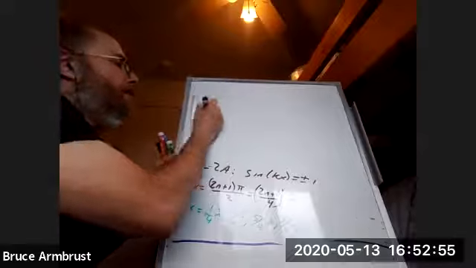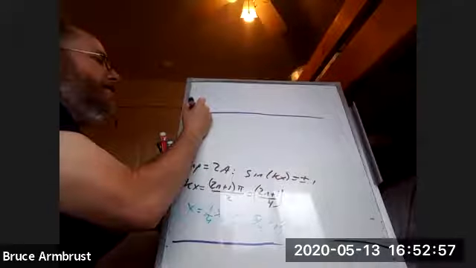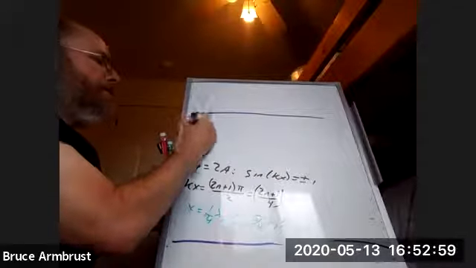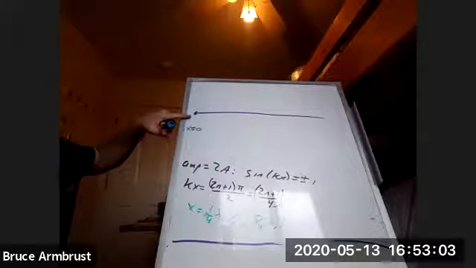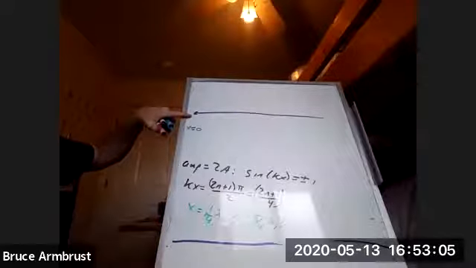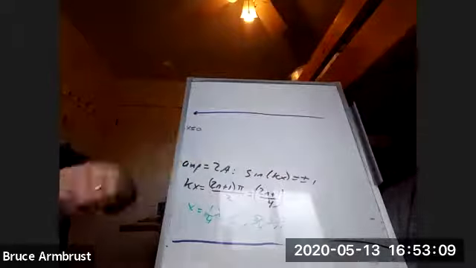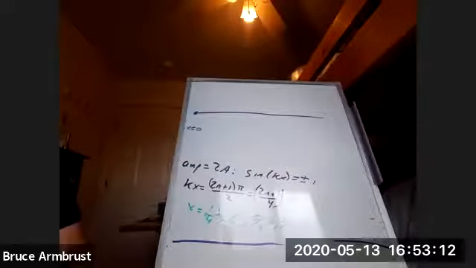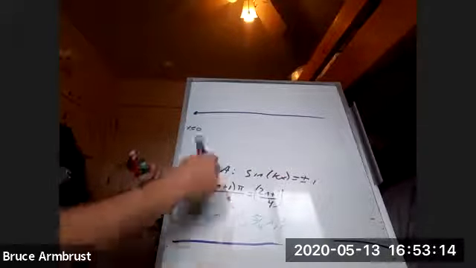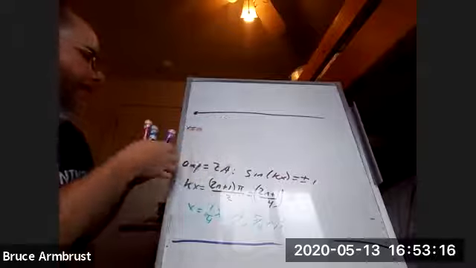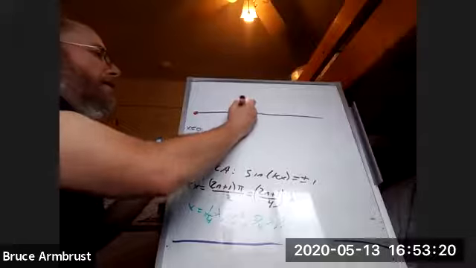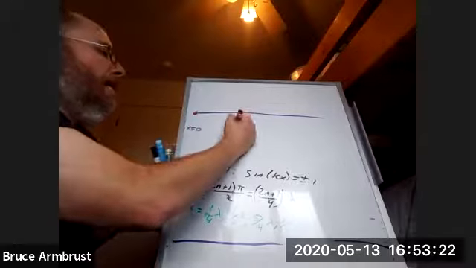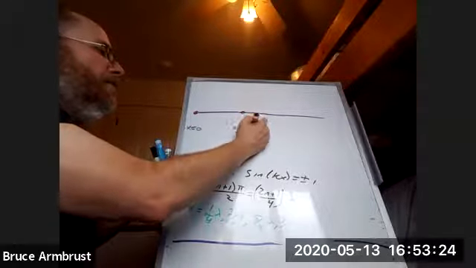So we've got our string, and let's just say that this is x equals 0. So already what we know is that 0 is going to be a place where we do not go up or down. I just erased it, but that was on our list of places where we get no amplitude. So somewhere down the line, a little bit further, is going to be a point right here that's at x equals lambda over 2.